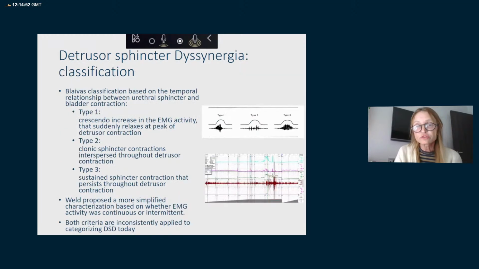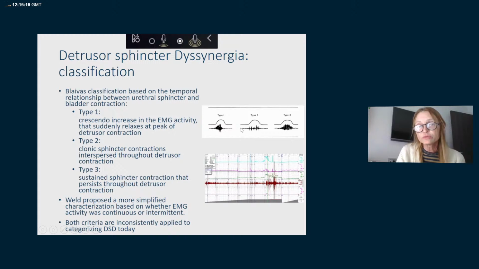Detrusor sphincter dyssynergia has been classified according to Blaivas based on the temporal relationship between urethral and bladder contraction. In type 1, you will have a crescendo increase in the EMG activity that suddenly relaxes at peak of detrusor contraction.